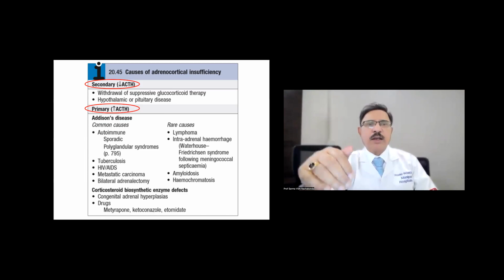Here also, secondary is due to the withdrawal of suppressive glucocorticoid therapy. Somebody is taking, let us say, glucocorticoids for a long while, and that gentleman suddenly stops the glucocorticoids. The adrenal axis is suppressed. There is no exogenous steroid.